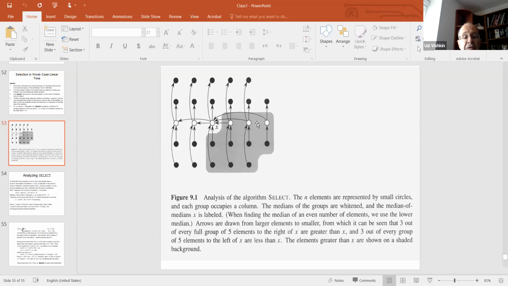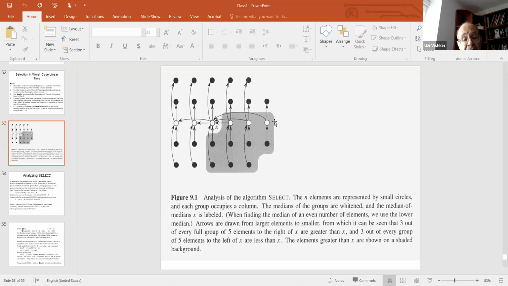And now we take all the guys in white here, the white slots that represent the medians of respective groups. And what we do now is we take the median of medians, because supposedly we found it using recursion, we put it in the middle column. And now half of the groups of 5 are to the right, half of the groups of 5 are to the left.